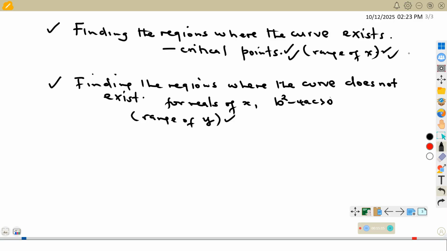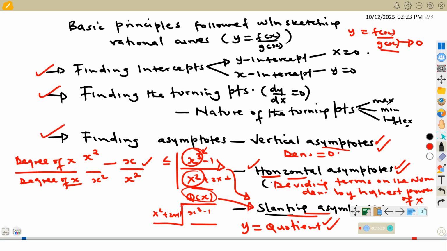So these are some of the principles that we follow when we are sketching such graphs. So we shall look at examples, and these different examples will majorly differ, and the difference will come from the asymptotes. So when you are looking at the asymptotes, we need to know under which circumstances we shall have horizontal asymptotes and under which circumstances we shall have slanting asymptotes.